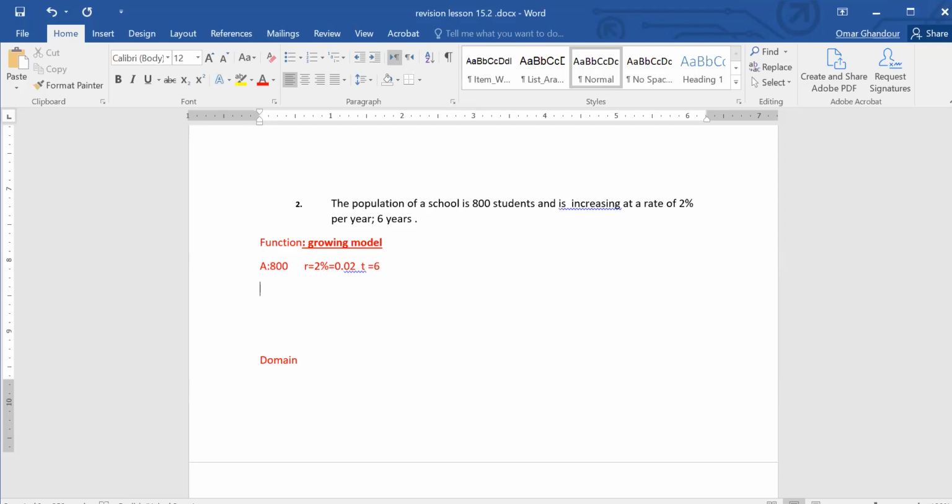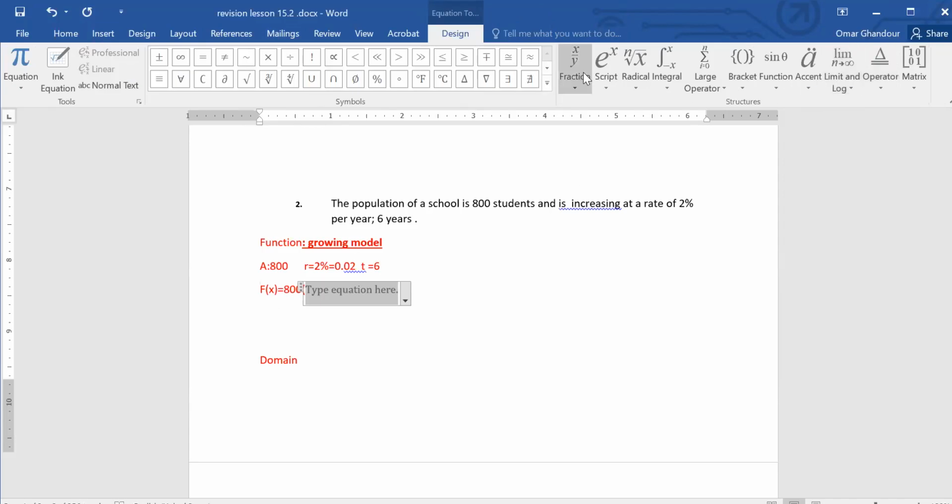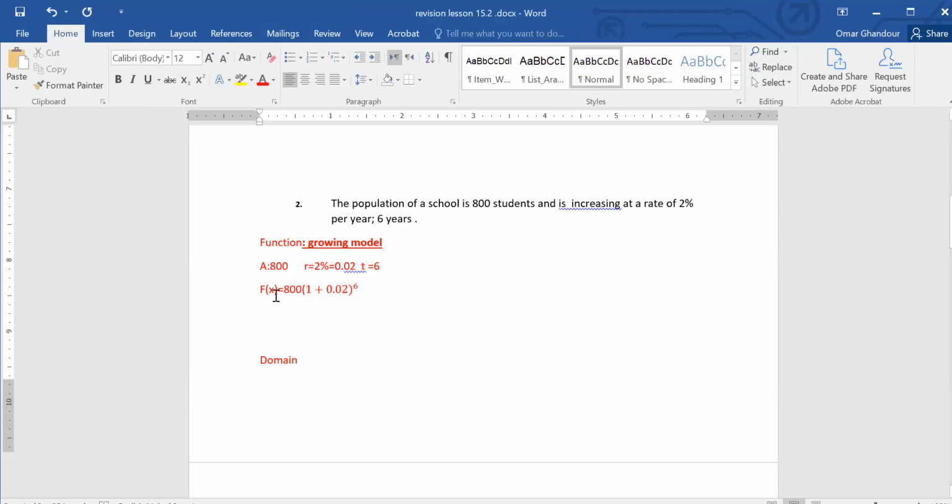The equation is going to be f of x equal to A, which is 800, multiplied by 1 plus R, which is 0.02, to the power of, what is the power here? Power 6. Very well. And then putting this on the calculator and finding the answer. The answer will be whatever.